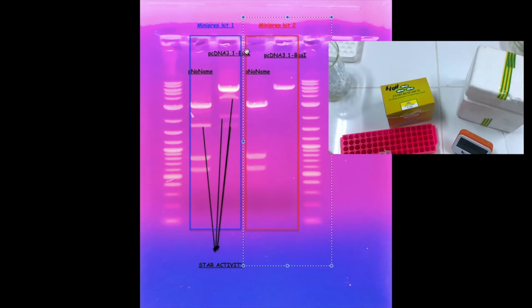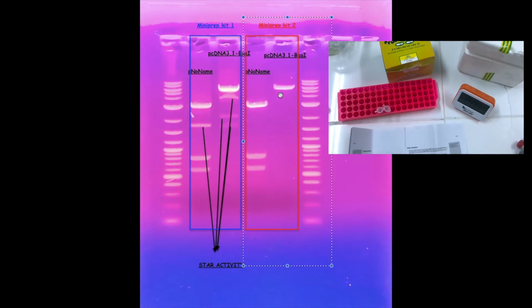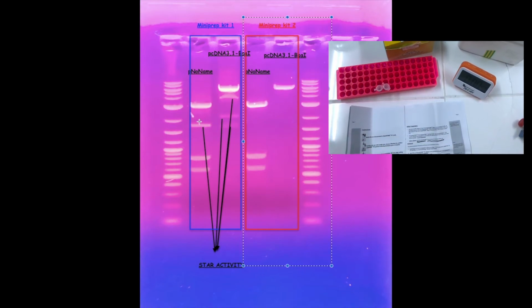As you can see, lanes number 1 and 2 are made using mini prep kit 1 with Zippy. Mini prep kit 2 was used to prep the samples in lanes 3 and 4. As you can see, I get star activity here, and here I get no star activity.